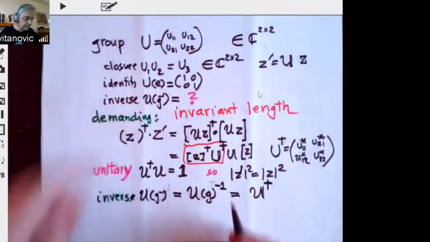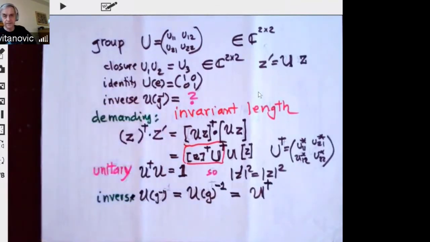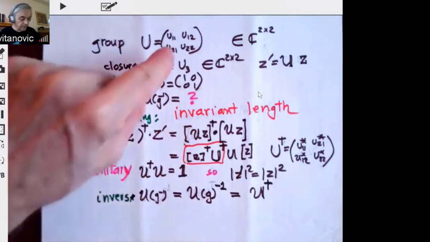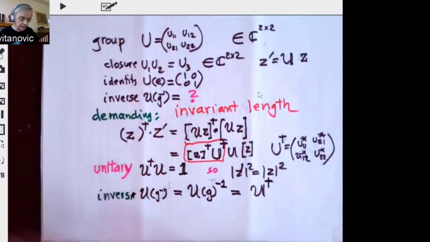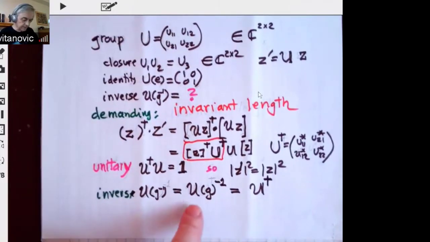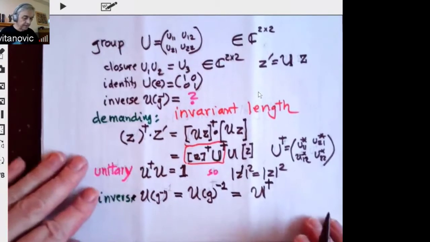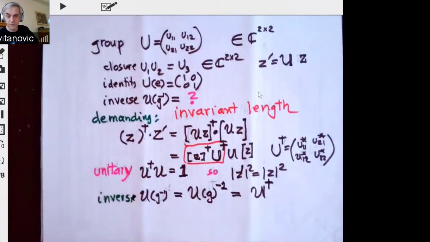So now you have an inverse, and associativity is trivial because matrices have associative multiplication. So indeed, the complex matrices which satisfy the property that the Hermitian conjugate is the inverse close a group, which has a property that it doesn't change lengths.